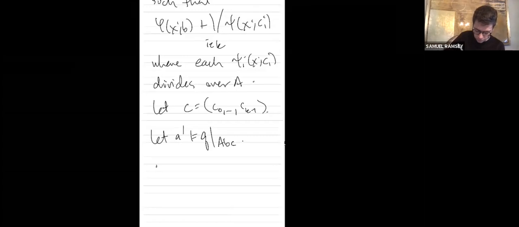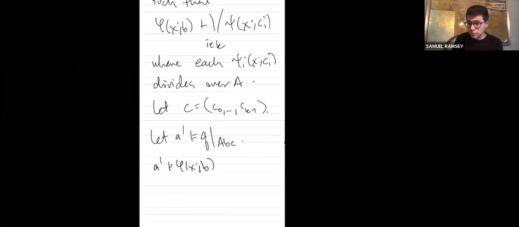So A prime realizes phi x b because it realized the type of Q over AB, and A realized that. So there is some i less than k such that A prime realizes psi_i x c_i.